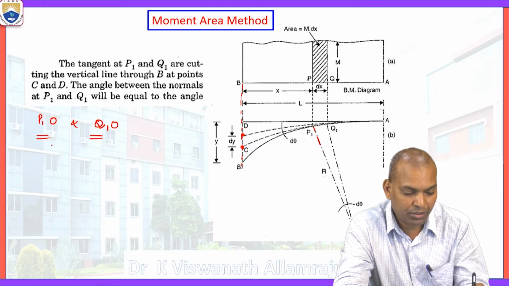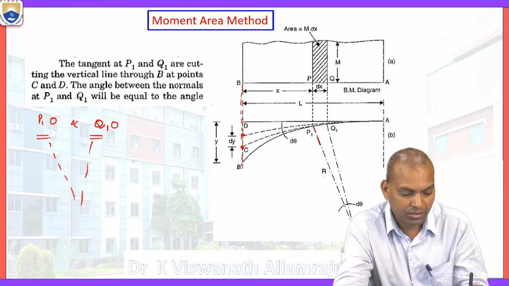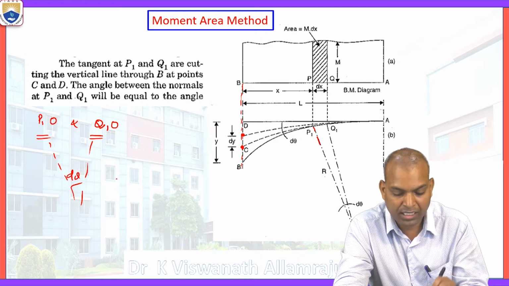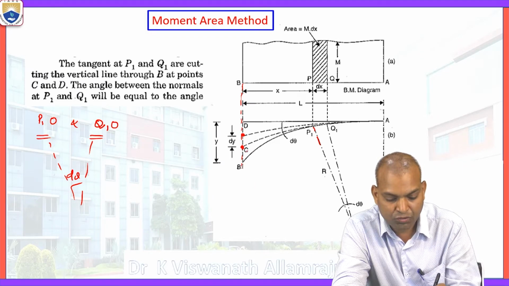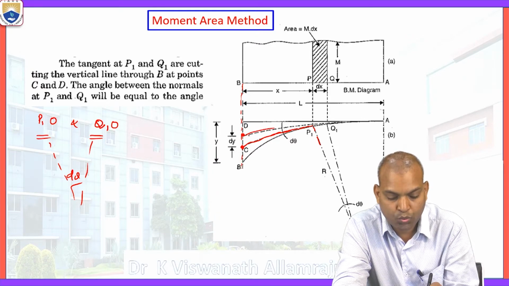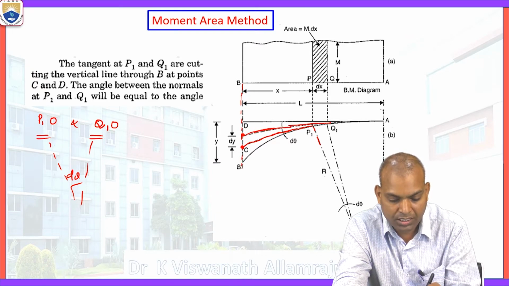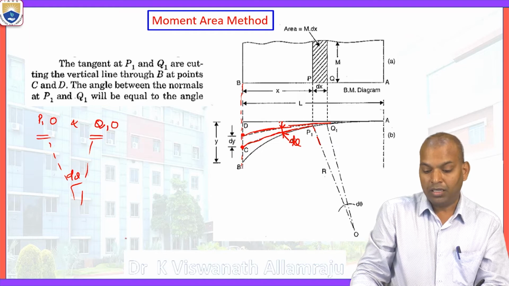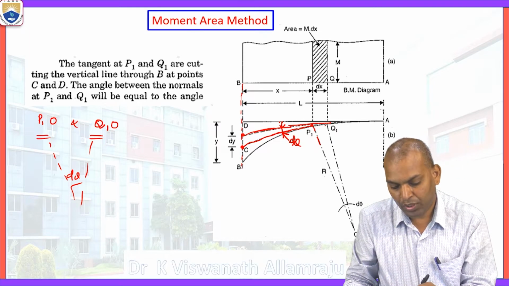The angle between these two normals is d theta, which is equal to the angle between the two tangents, P1C and Q1D. This is the same angle d theta.